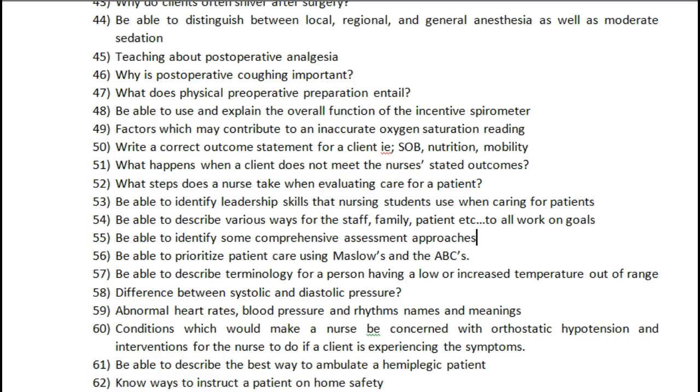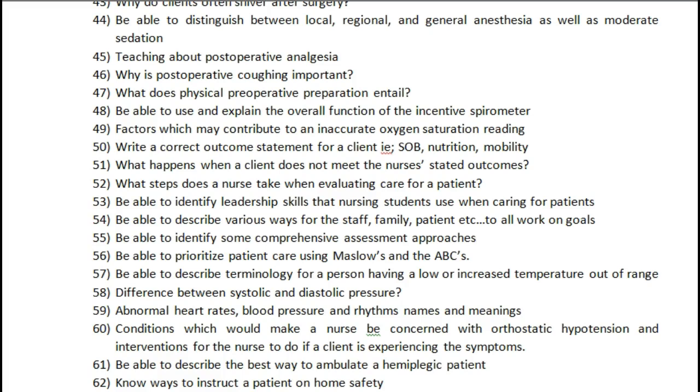Remember when we talked about Gordon's functional health patterns? That's a kind of structured database format. And then the other one is the problem-focused approach.